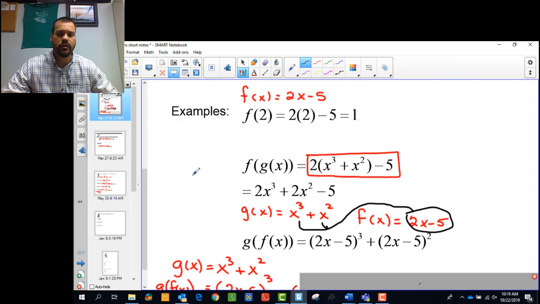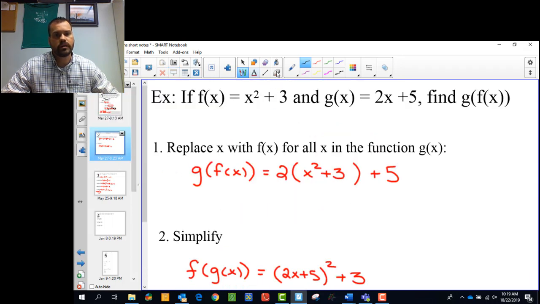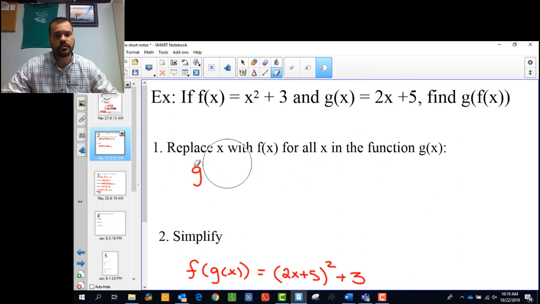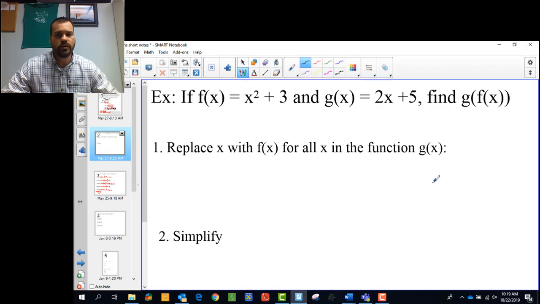We use it in a number of different contexts, particularly in calculus. When we're finding the derivative, we're going to use f of x plus h, so we have to understand what that is. If you're looking for g of f of x, all you have to do is take f and put it in for the x in g.